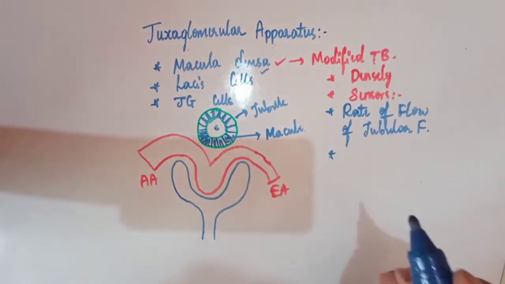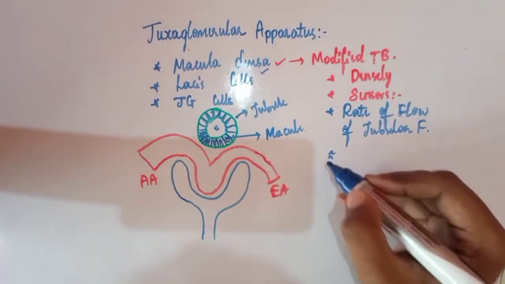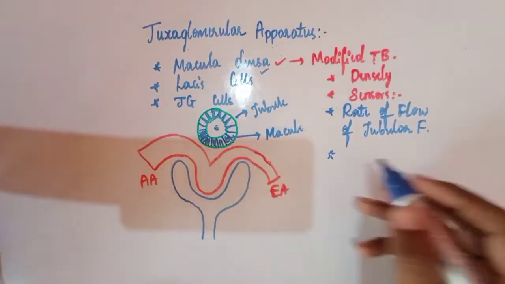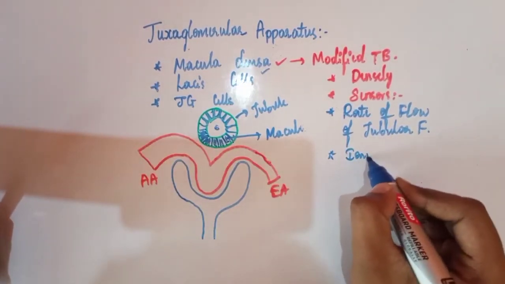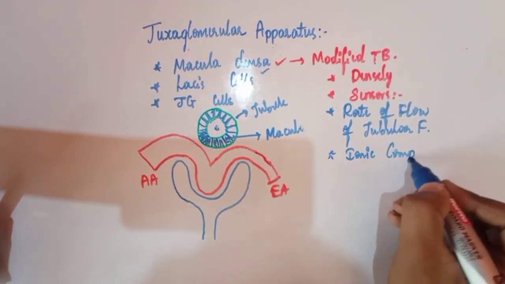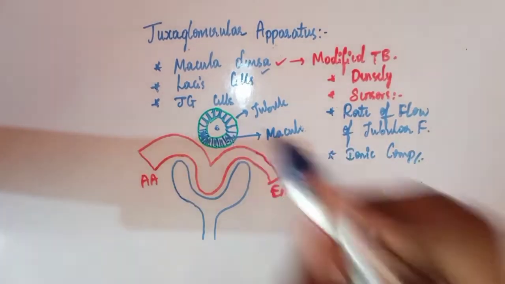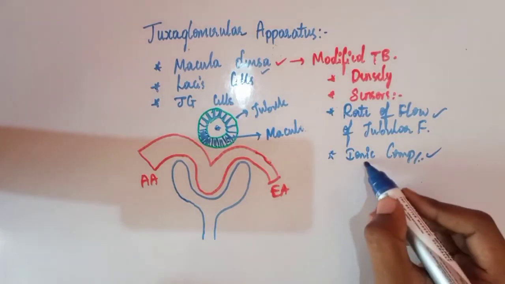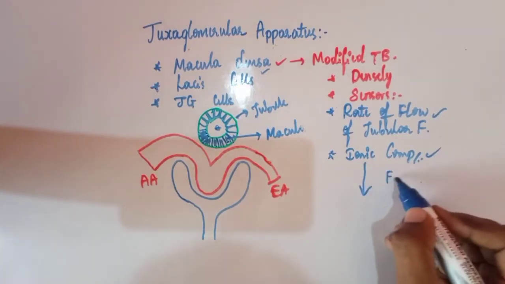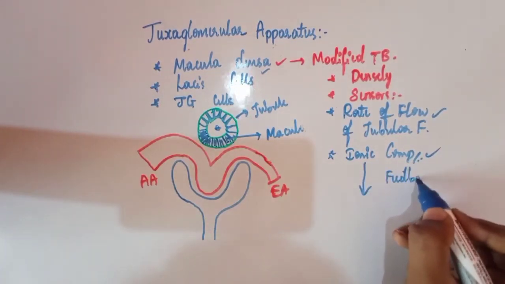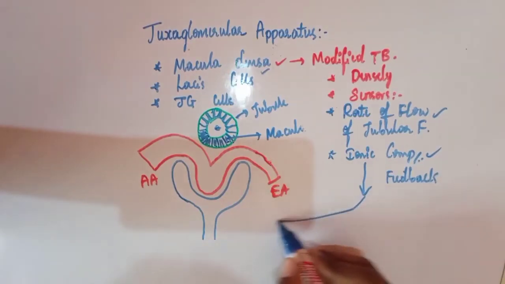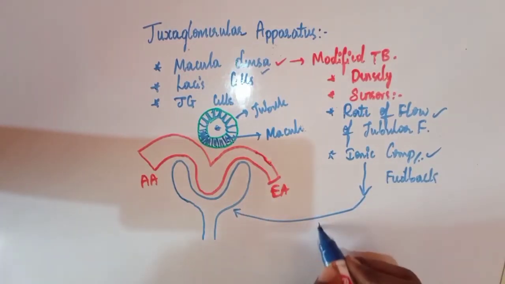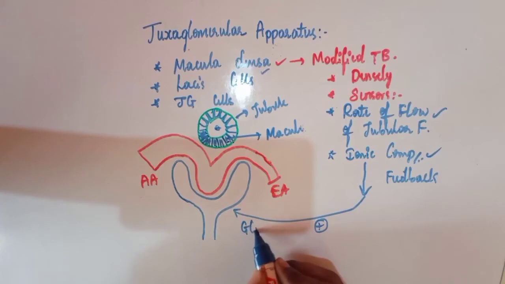The second function of macula densa is, one is measuring the rate, second one is ionic composition of the tubular fluid. It senses these two and provides feedback to the glomerulus.